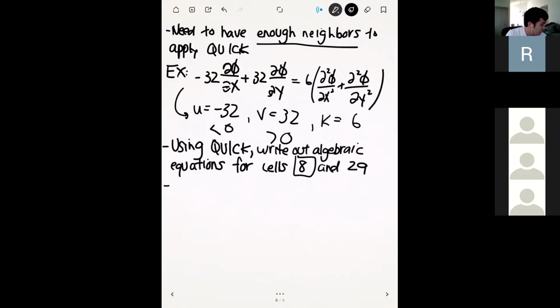For this one, we have two options: we can do a basic central scheme, or a basic upwinding scheme. Either one's fine, but to stay in line with the themes of an upwinding scheme, I told you in this problem that if you don't have enough neighbors, just use a basic upwinding scheme.